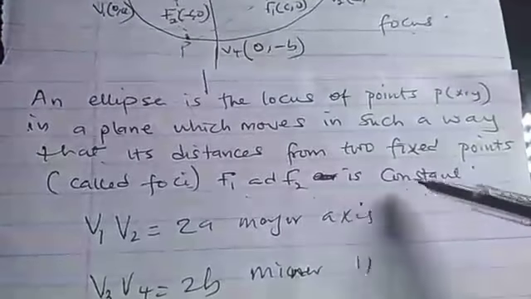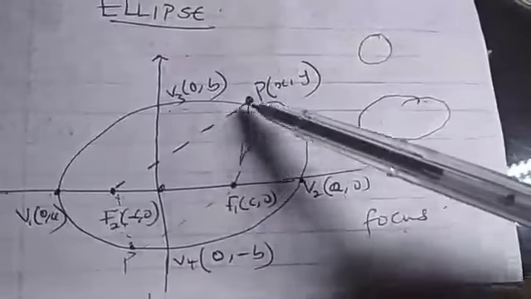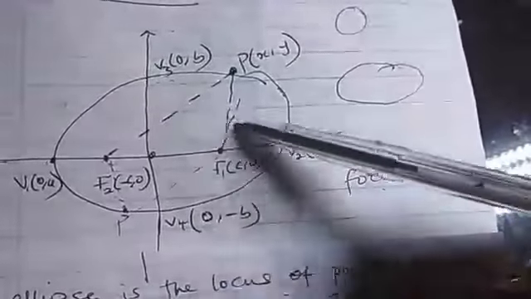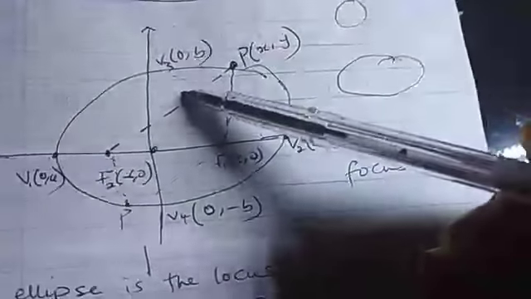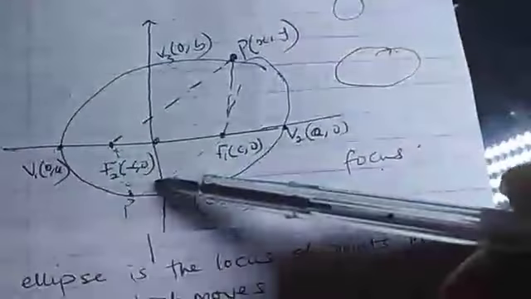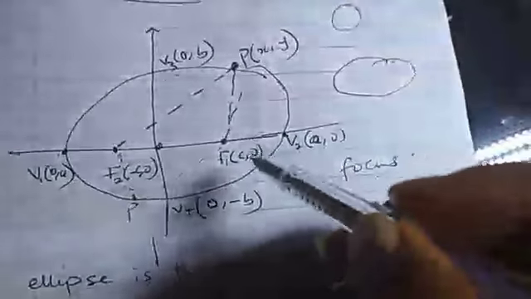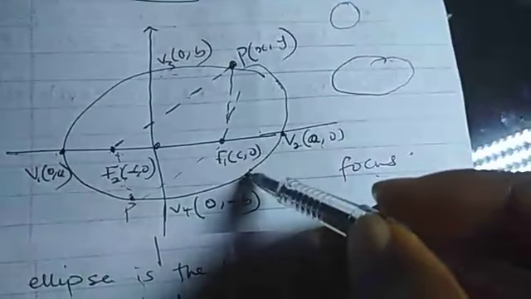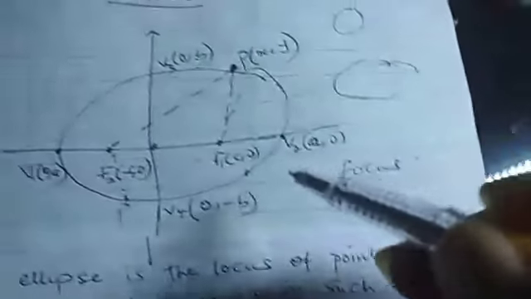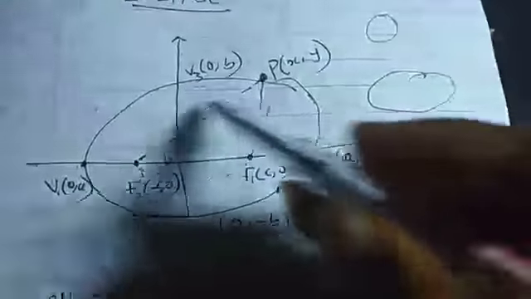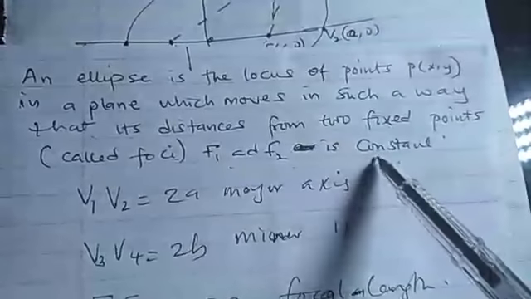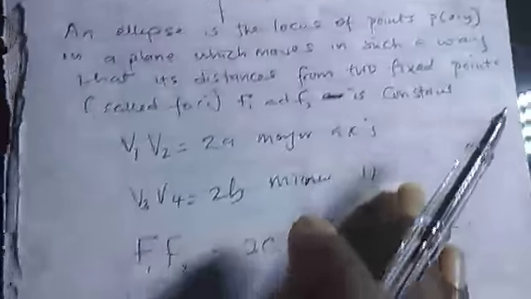Constant means that if you add these two distances together, they will be the same even when point P moves to this place. It will always be the same.